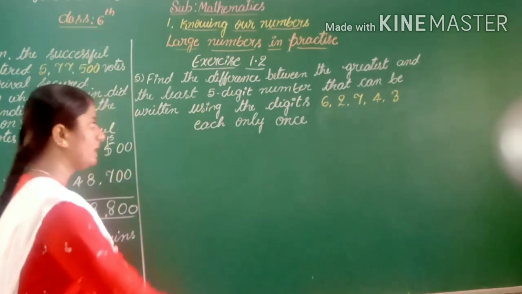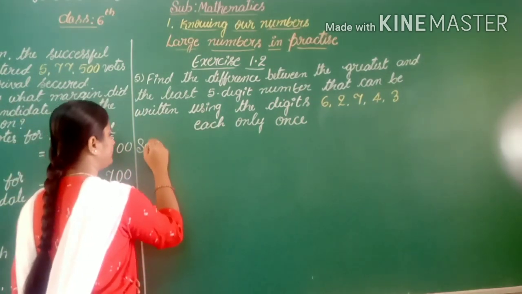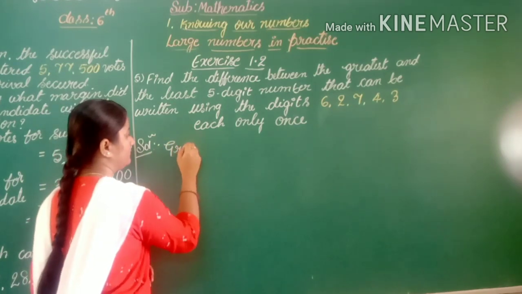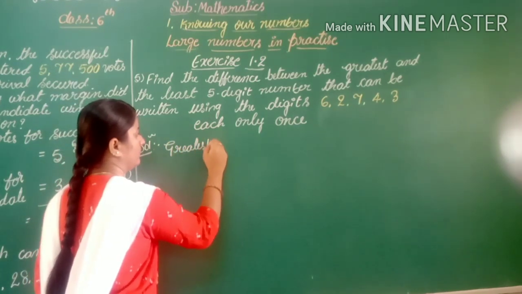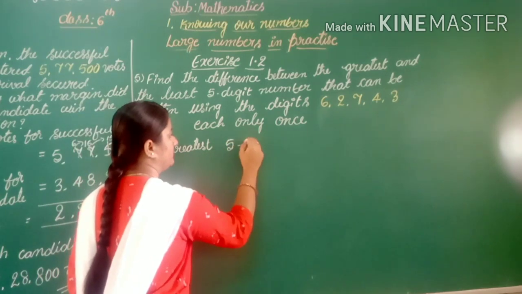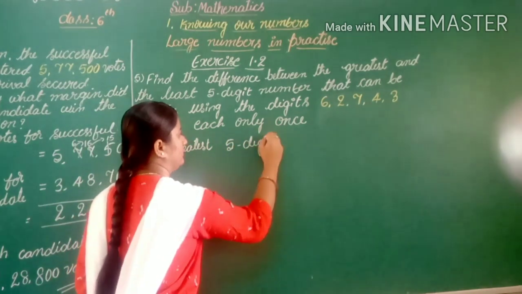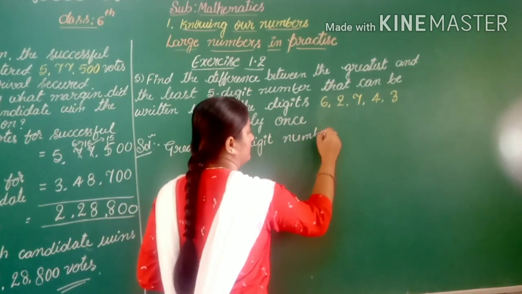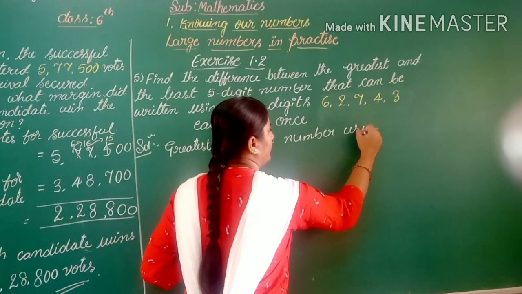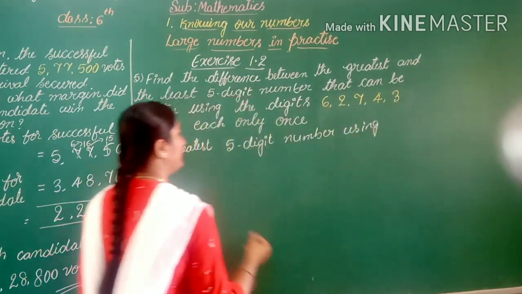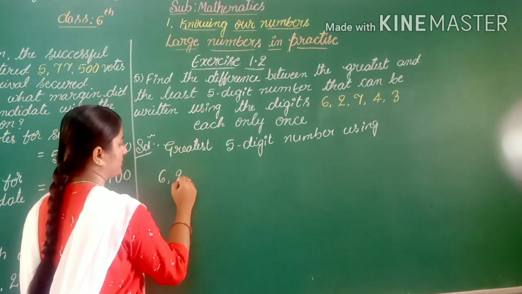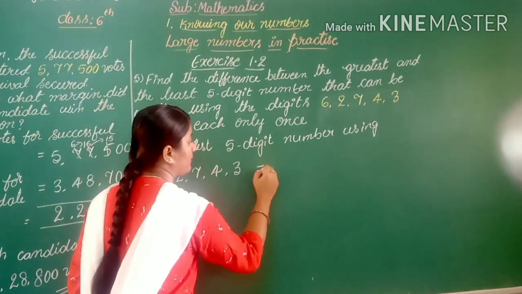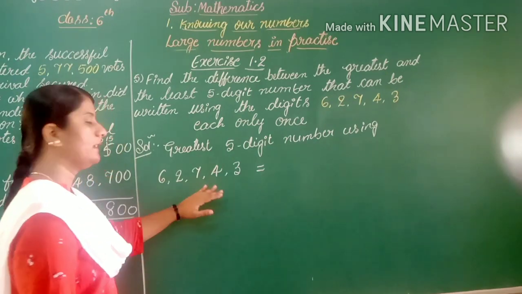Yes, let's solve the problem. Solution. First write the greatest 5-digit number using the digits 6, 2, 7, 4, 3. How can you find the greatest number?